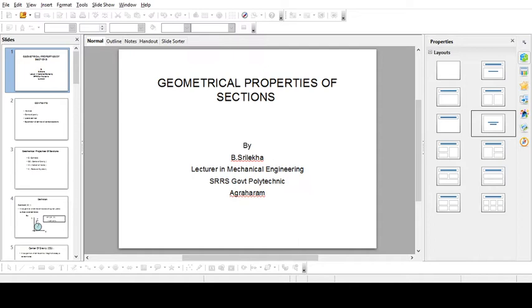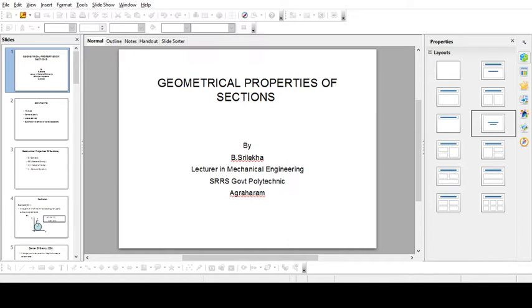So you can see that it will be at a distance of b by 3 and h by 3. Okay. So b by 3 and h by 3 is the centroid of the triangle.